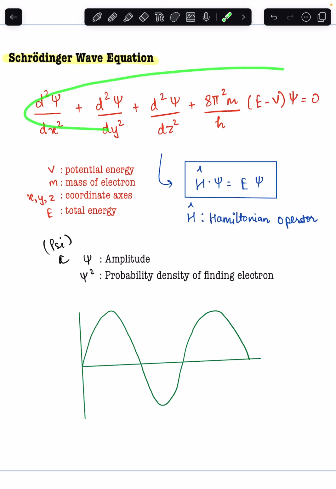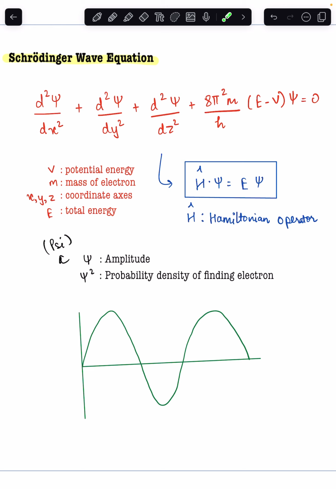This is basically a wave equation. We get a graph something like this, and we will be discussing the graphs of some particular orbitals or subshells after I teach you how to write the electronic configuration and teach you about nodes, because only then will you be able to understand it properly and understand what tricks I will be telling you.